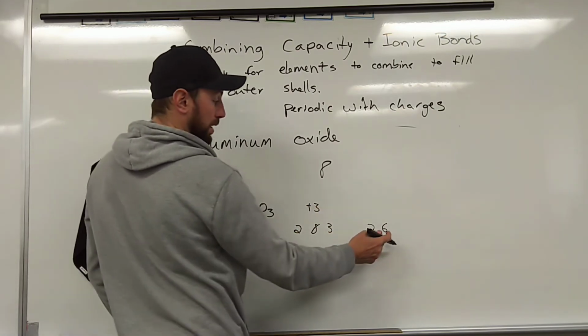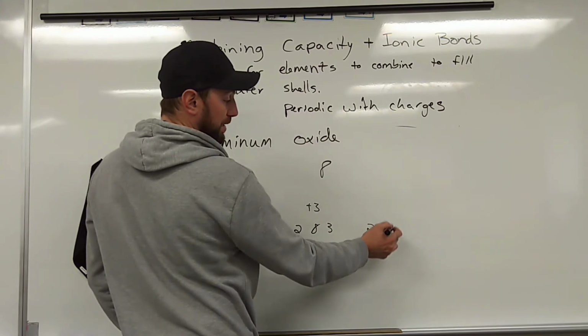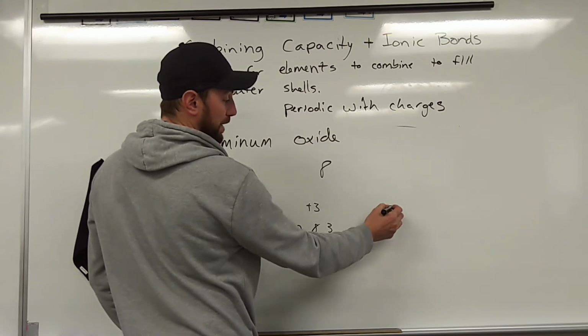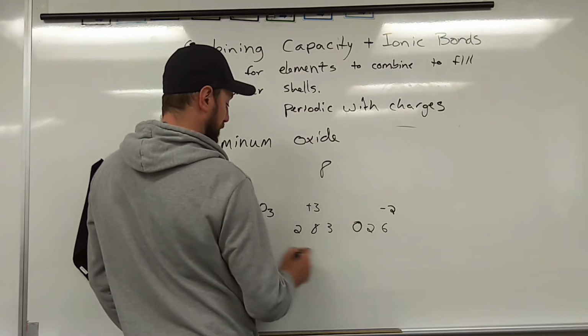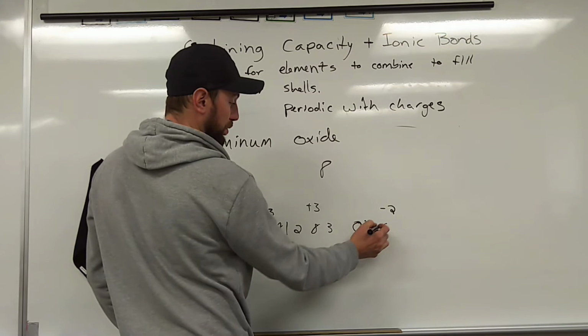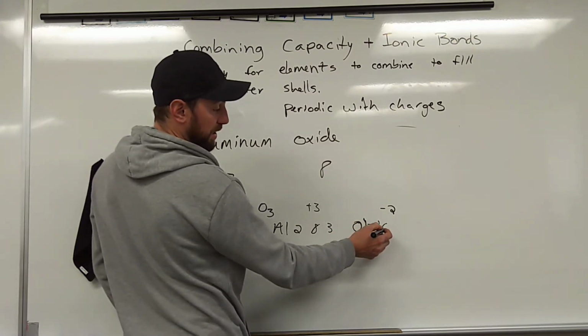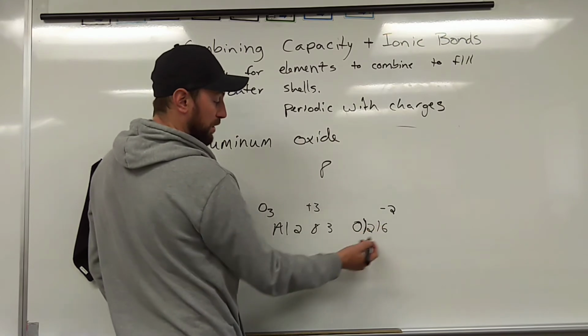And oxygen has 2 to accept. It needs to take 2, so it's -2. That's oxygen, that's aluminum. 2, 6. Because that's 6, it has room for 2 more in its shell.